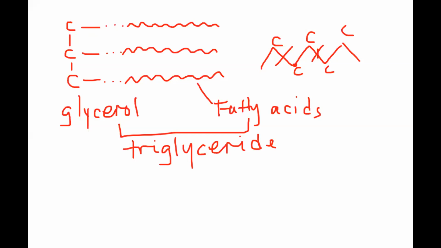But you can physically tear these big fat particles into smaller ones, and then the triglyceride particles will get into the small intestine. Only in the small intestine can the triglyceride be chemically digested.